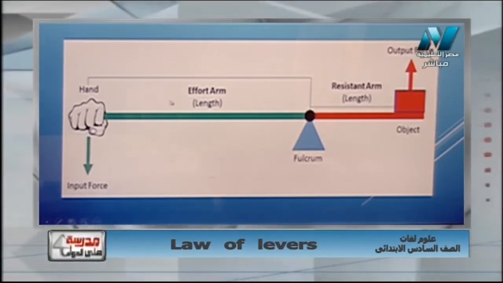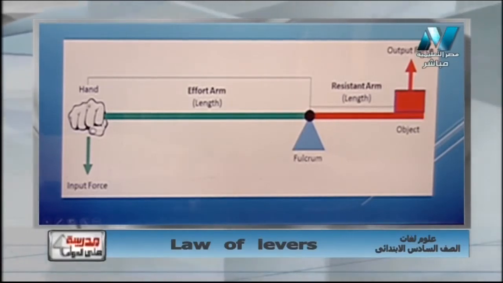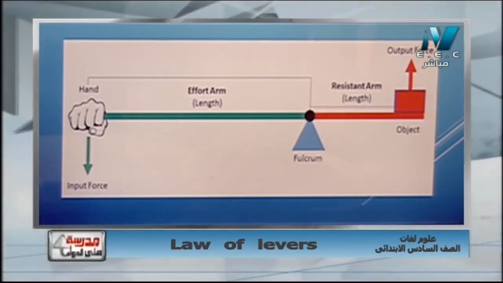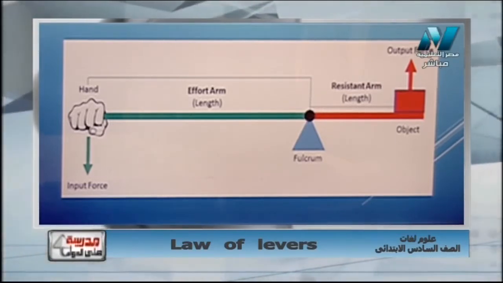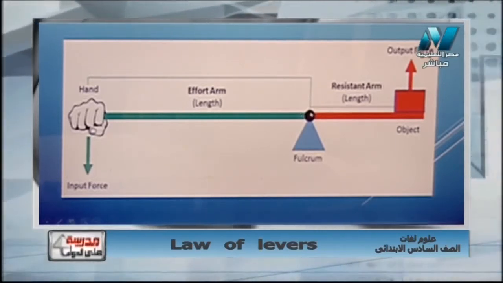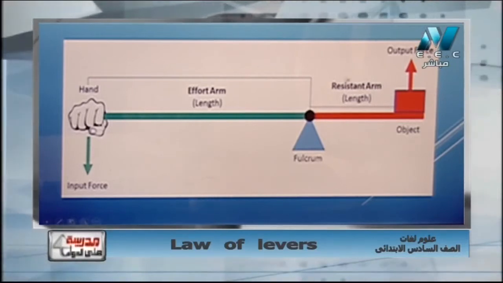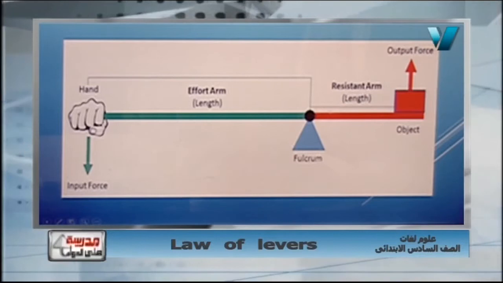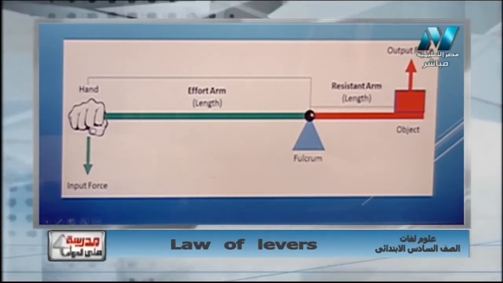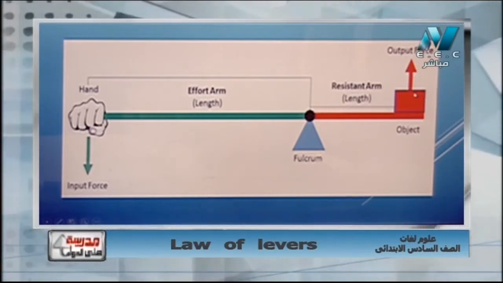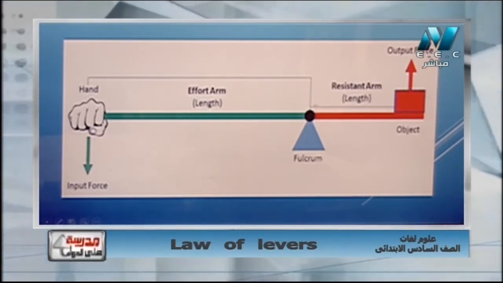The effort force arm, or force arm, is the distance between the effort force and the fulcrum. And the resistance arm, in the same way, is the distance between the fulcrum and the resistance.